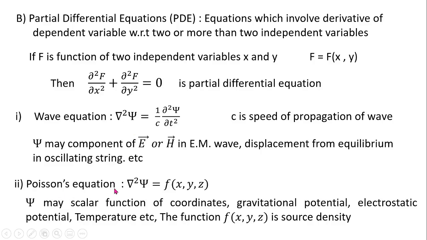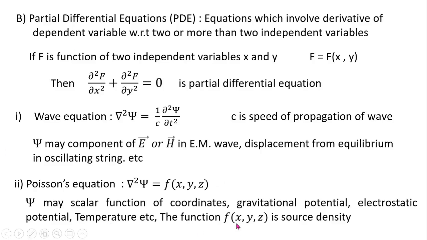Second example, Poisson's equation: del square psi is equal to f of x, y, z. Here psi is a scalar function of coordinates. It may be the gravitational potential, which is changing in space, or the electrostatic potential, or a temperature.